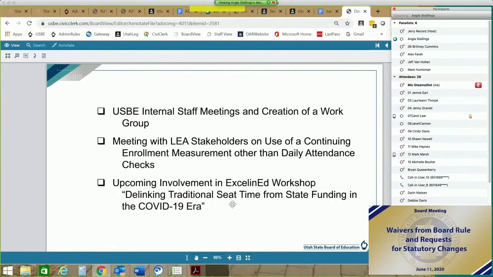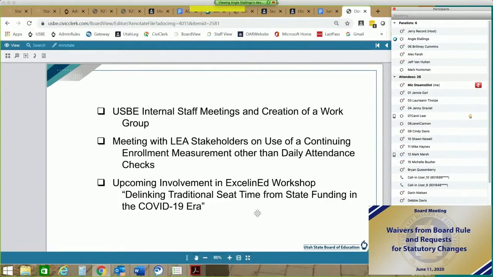And then the last thing we wanted to let you know is that a few staff and probably one board member and some representatives from the governor's office and the legislature are going to participate in a workshop with Excel in Ed.